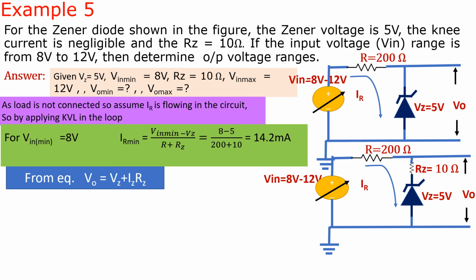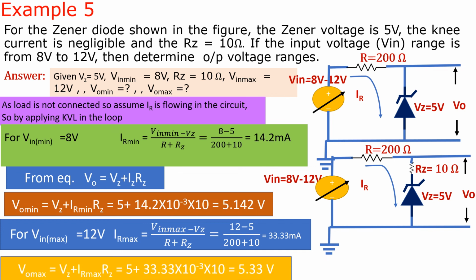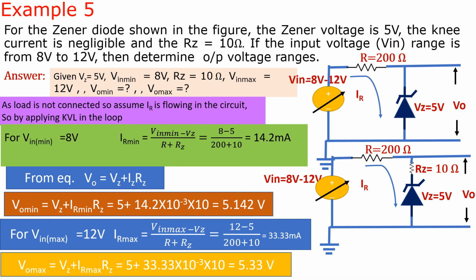VO is equal to Vz plus Iz RZ, and we calculate the VO min corresponding to the IR min. As Vz is fixed and RZ is fixed, we will get VO min. It will come 5.142 volt.